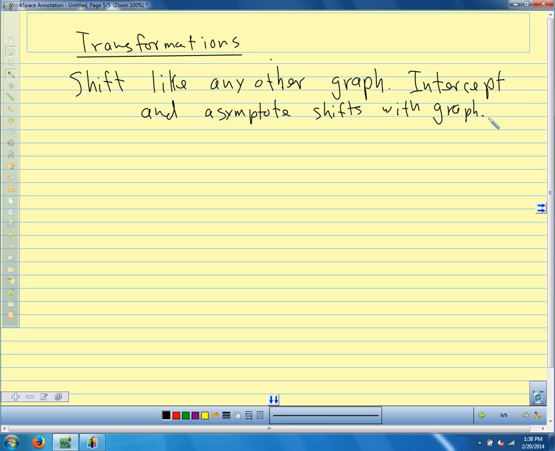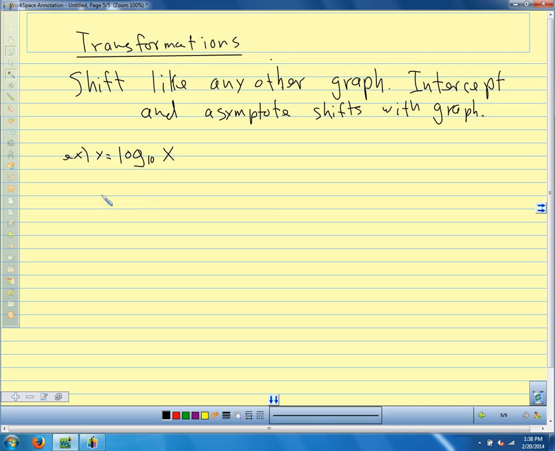So we can always find a point that's on our graph. We can always find our intercept by shifting our intercept and our asymptote along with the graph. So let's say our parent function, just as a couple of quick examples, log base 10 of x is our parent function.